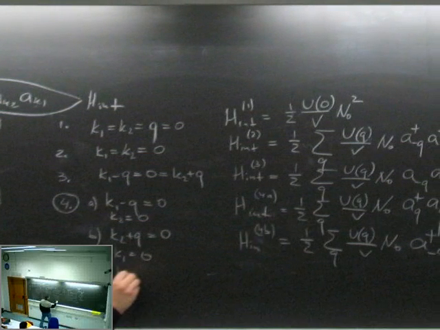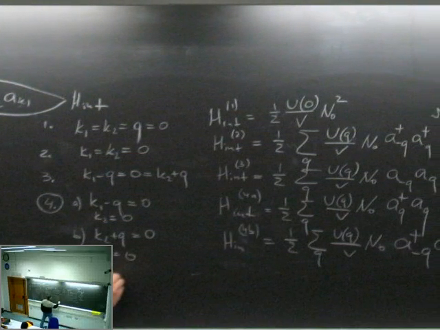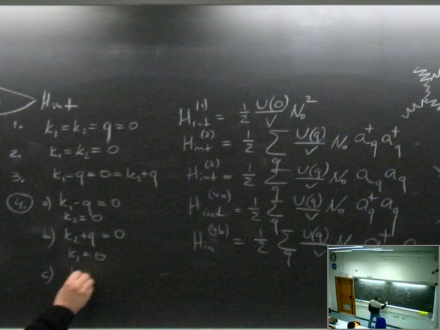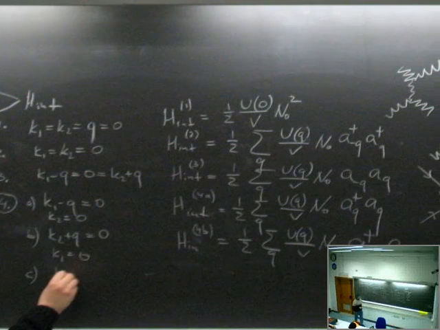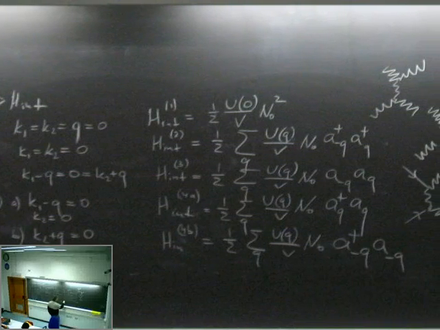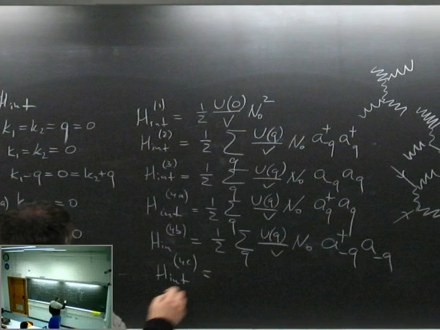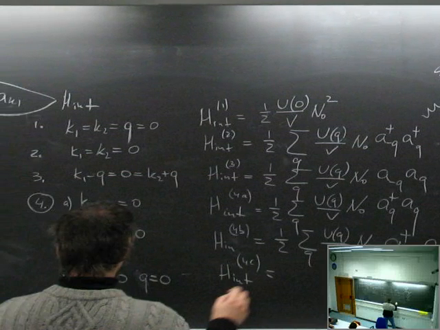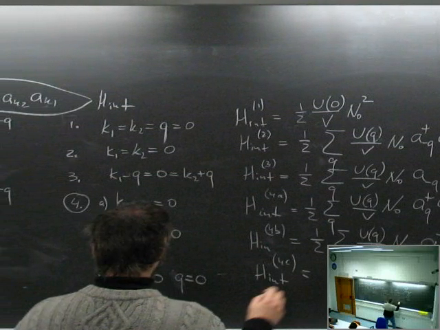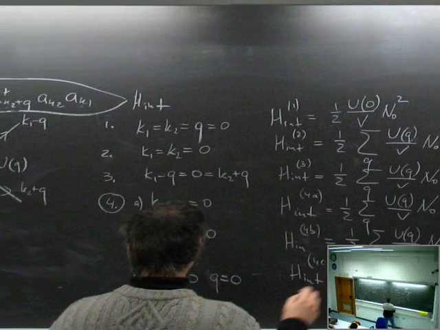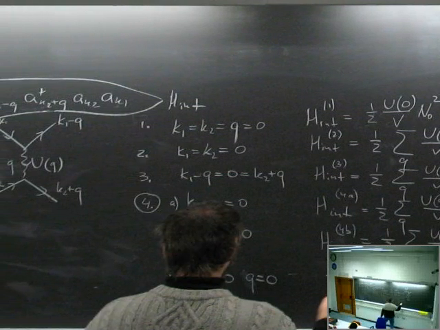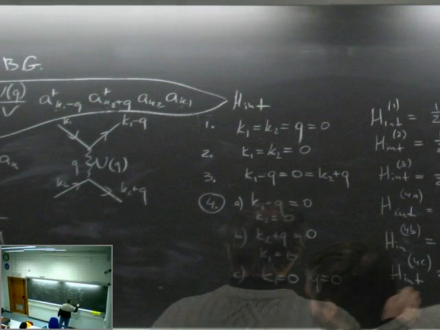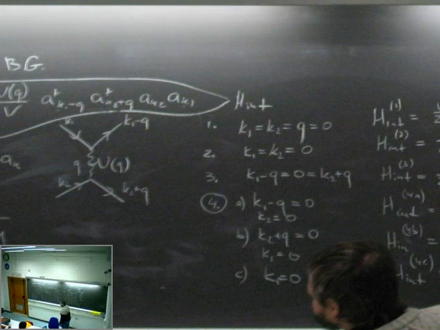Namely, K1 equal to 0, a_Q equal to 0. Which means H interaction for C, since Q is equal to 0, is 1/2 sum of Q, U_0 over V, K1 is equal to 0. I have a_0 here, a dagger minus Q, a minus Q. Okay?